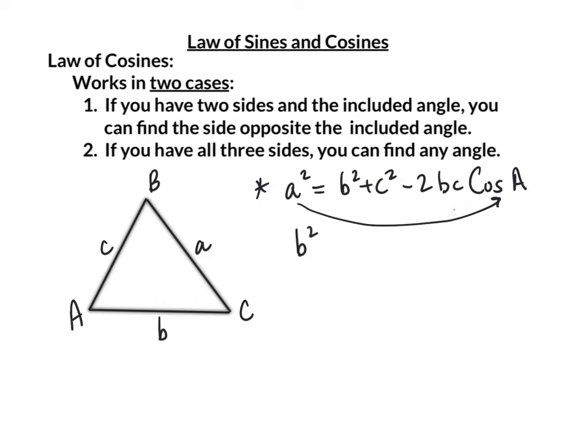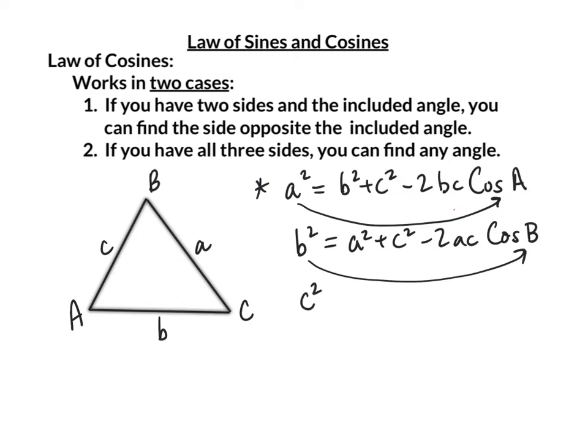You could have b squared equals a squared plus c squared minus 2ac cosine B. Notice that b squared and angle B are opposite each other, little b and capital B. And c squared equals a squared plus b squared minus 2ab cosine C. And little c is opposite angle C.